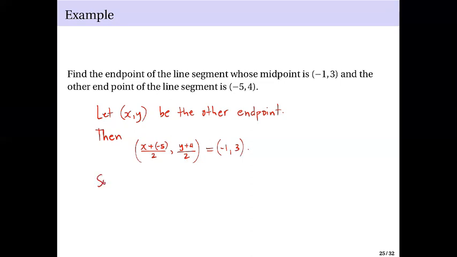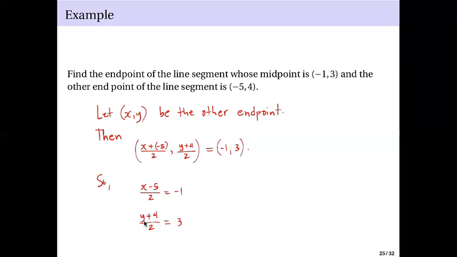So, you have x plus negative 5, so I'll just write x minus 5 divided by 2. This must be equal to negative 1. And y plus 4 divided by 2 must be equal to 3. And then you compute for what? For the value of x and for the value of y.